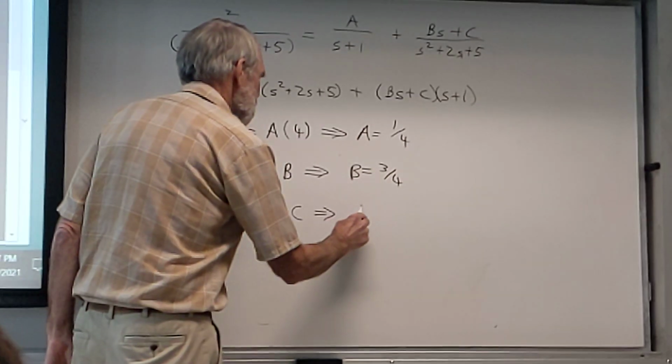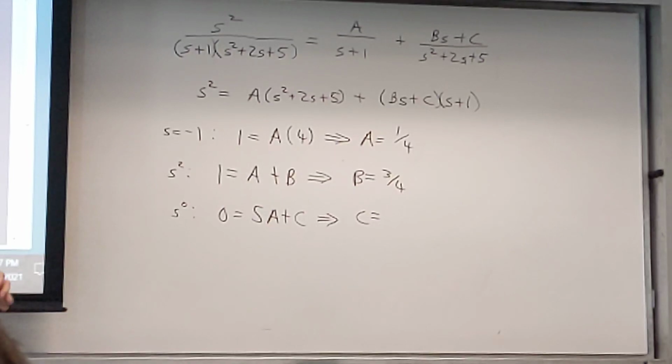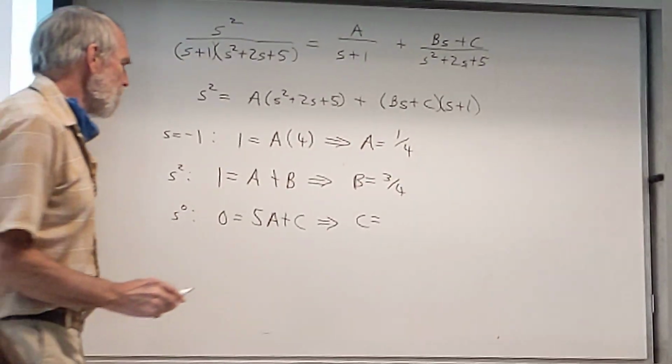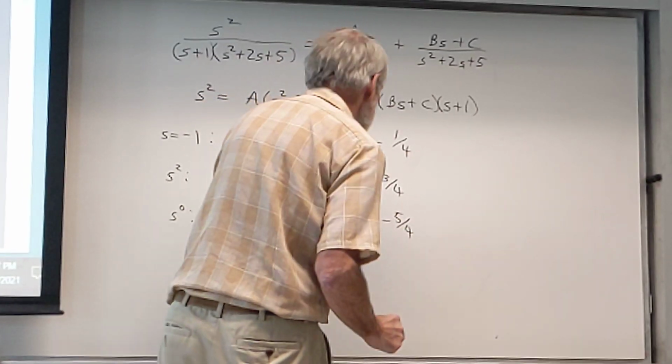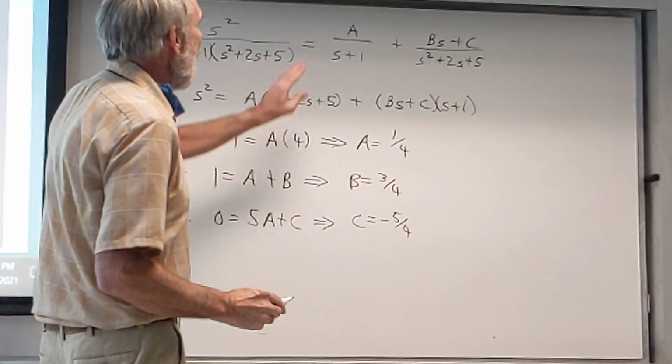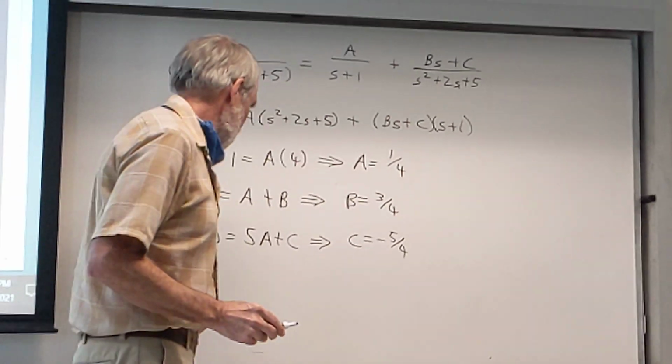So what does that tell us that c is equal to? -5/4. All right. So now we have my A, B, and C, right?